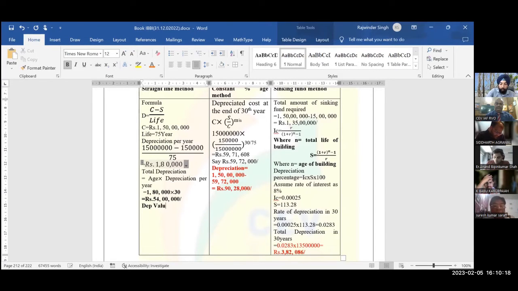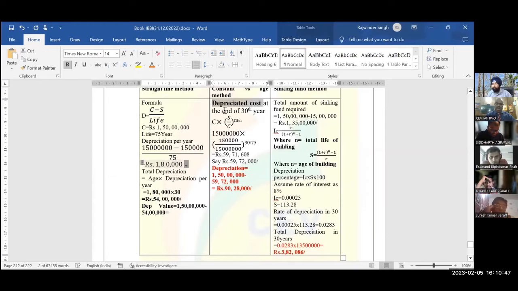Depreciated value will be 1 crore 50 lakh minus 54 lakh. Here you have to calculate depreciated value, but here it is directly depreciated cost or depreciated value.